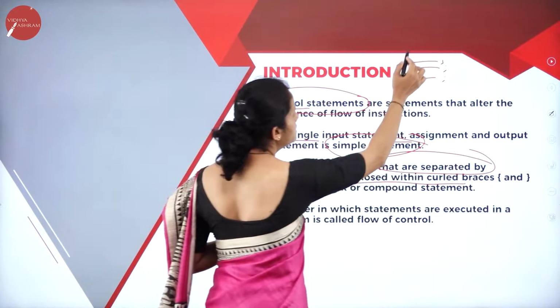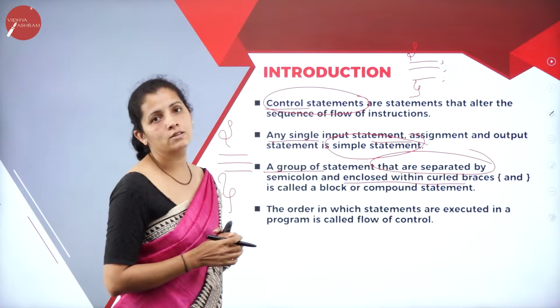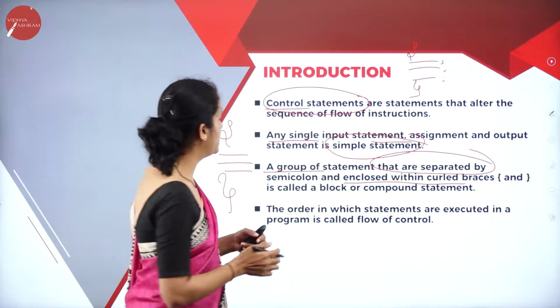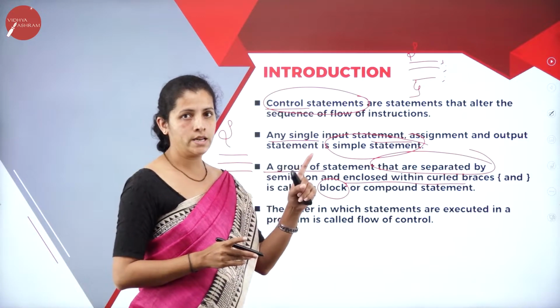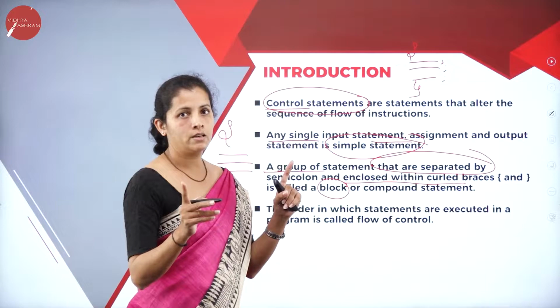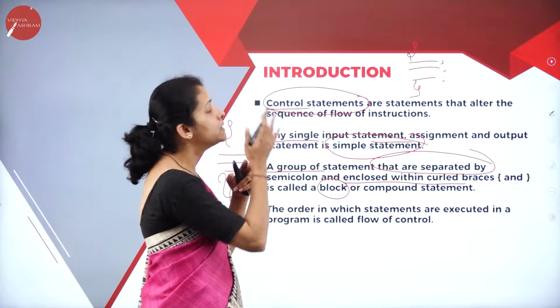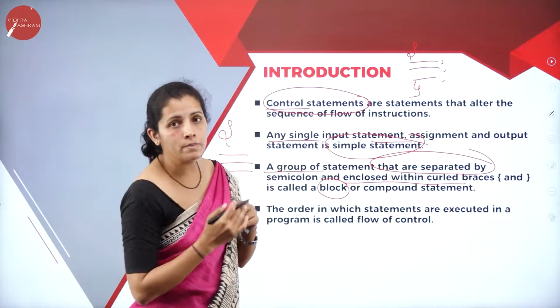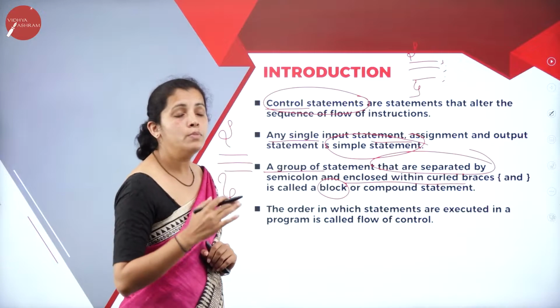And if I write these statements inside the curly braces, then it is called a compound statement or block statement. So one statement, simple statement. N number of statements enclosed within the curly braces separated by semicolon, then it is called a compound statement or block statement.